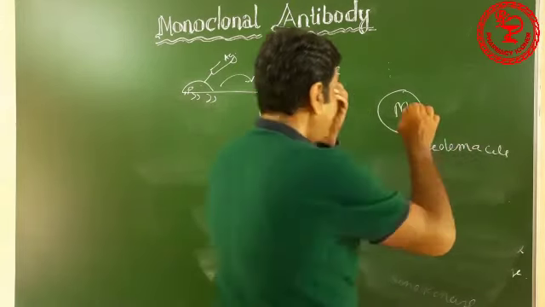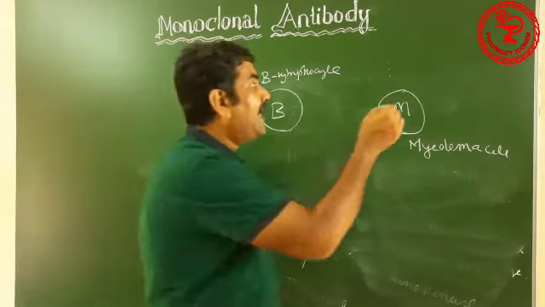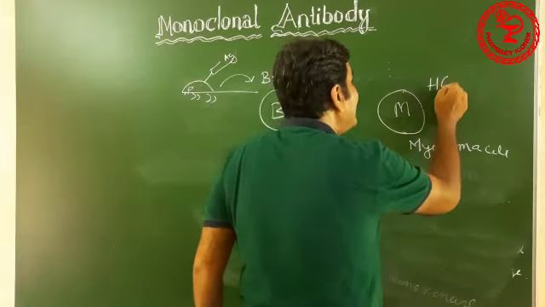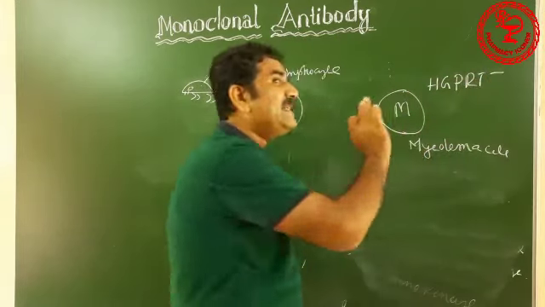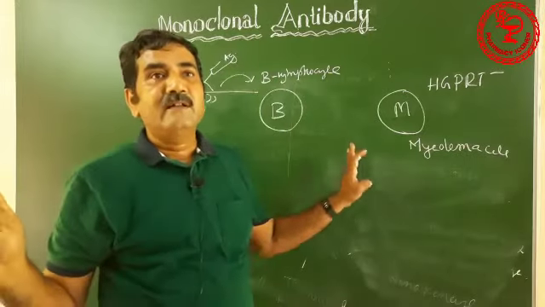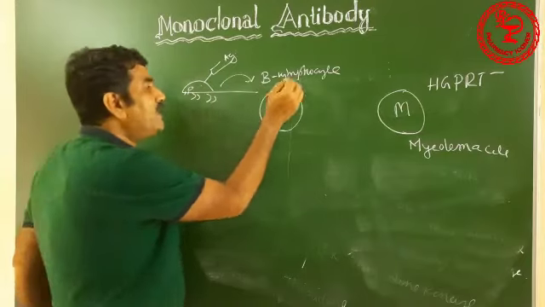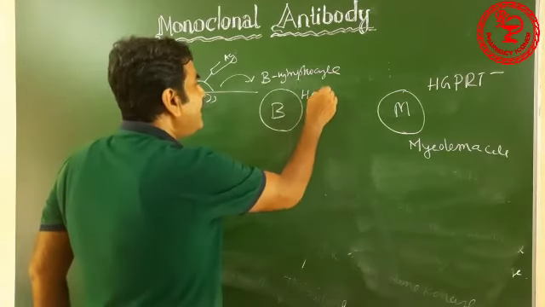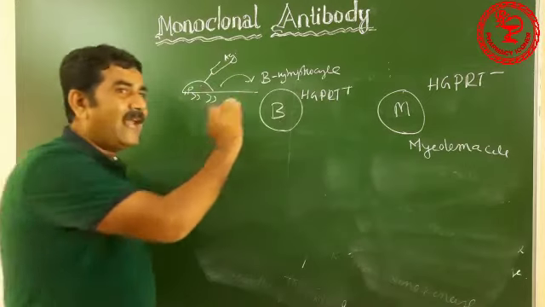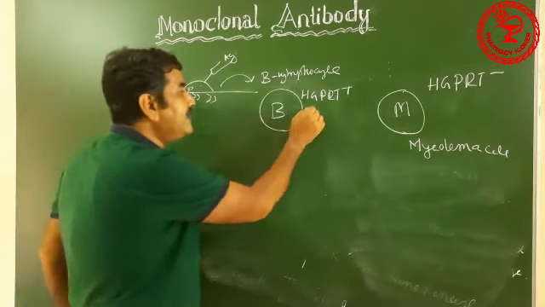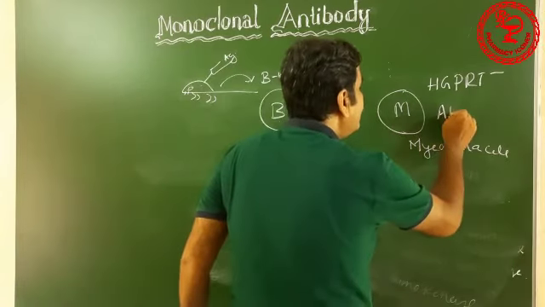These are, as I told you, cancerous cells, and they are HGPRT minus, that is, they do not have the enzyme HGPRT. However, the B-lymphocyte is a somatic cell, so it is HGPRT plus, that is, it has that enzyme, and it can produce antibody, and the myeloma cell cannot produce antibody.